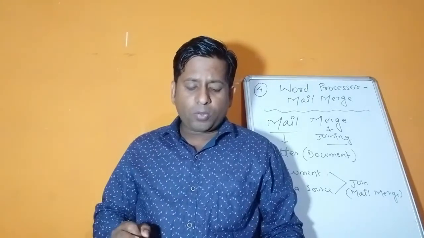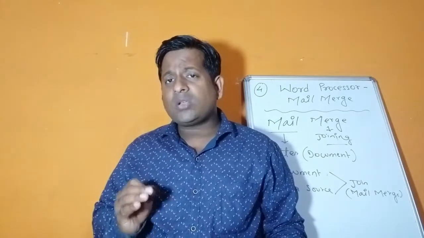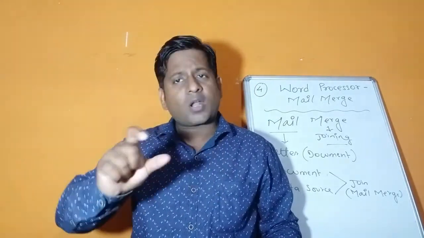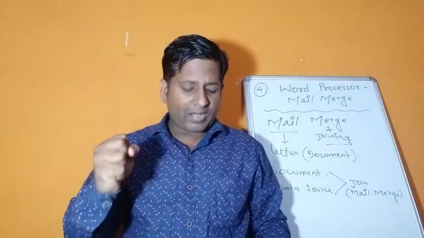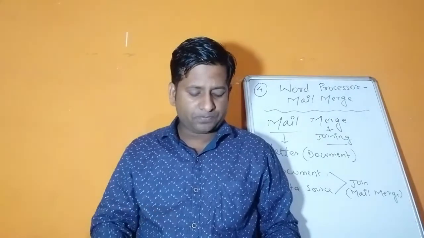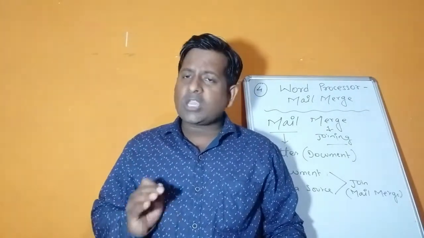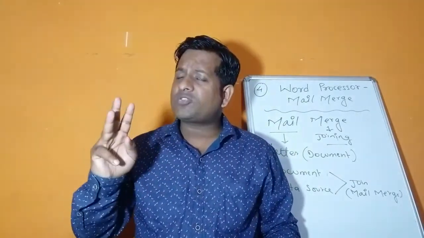The final document is called the merged document. So the final document is called what? Merged document. Final means the joint document: data source and main document, when both are joined, both are merged, that is known as the merged document. In general, the mail merge process involves the following three steps. So how many steps does it require?